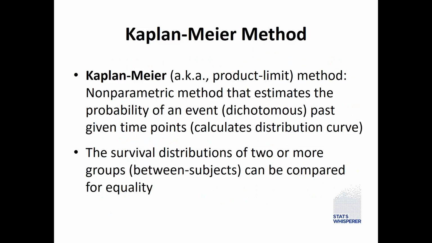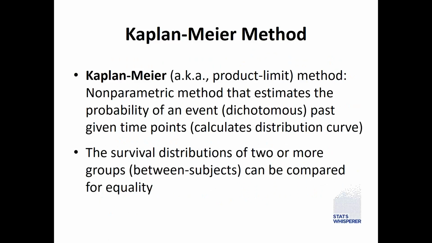So the first statistical analysis, the first survival analysis we will look at is the Kaplan-Meier, also called the product limit method. Right, so this is a non-parametric method that estimates the probability of an event, right? So when something occurred over a survival curve, that's dichotomous, past given time points, 1 week, 2 weeks, 3 weeks.